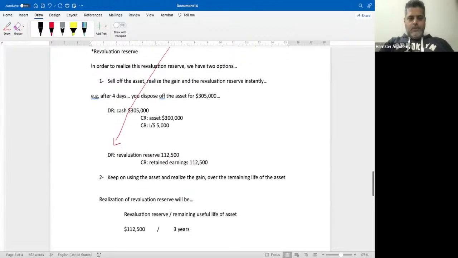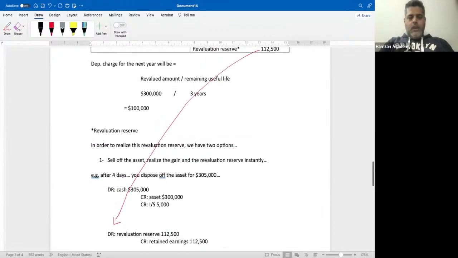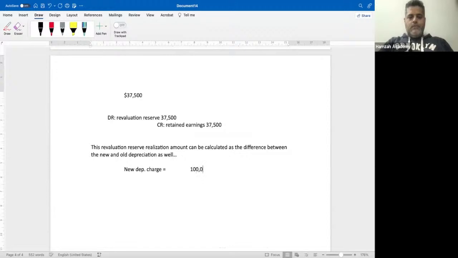Now, the new depreciation charge. What's the new depreciation charge? 100,000. Less old depreciation charge.